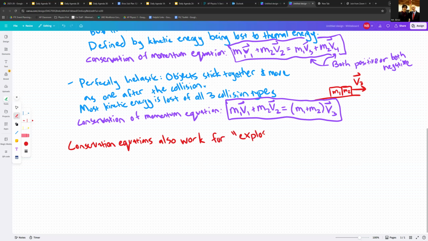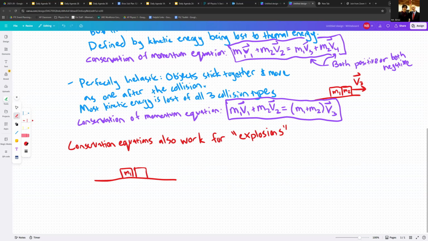Now, it sounds exciting, and sometimes we'll have an actual explosion. But really, that means you have two objects that are together. Almost always they're going to be stationary. You've got M1, M2.